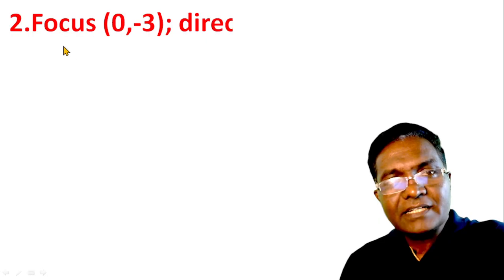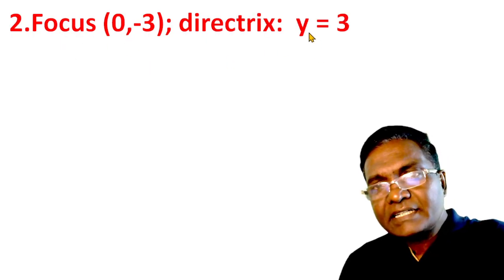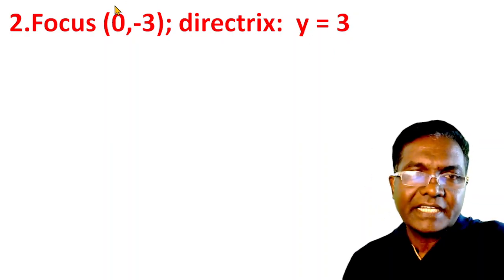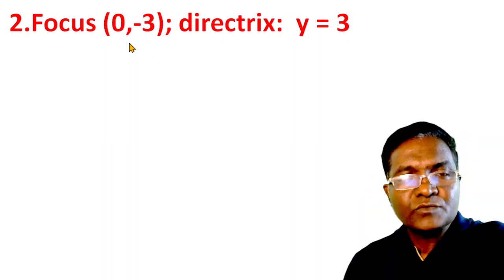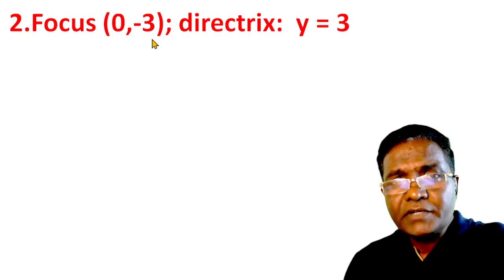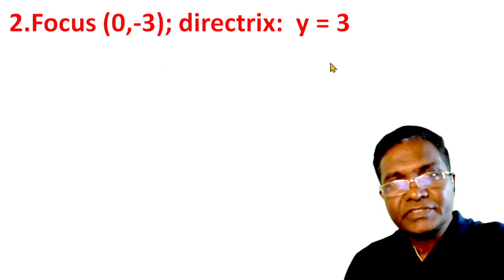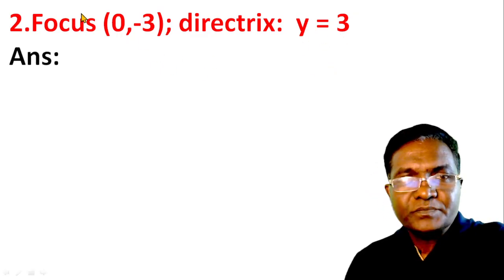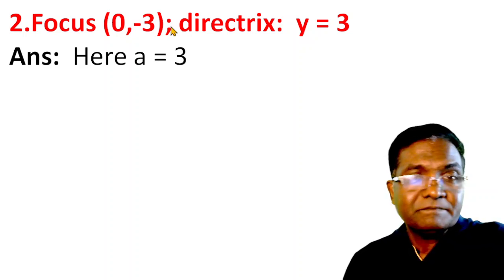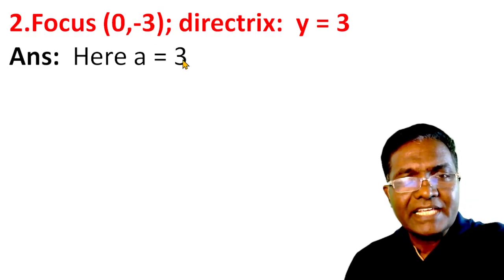Consider another example. You are given focus as (0, minus 3) and directrix as y equals 3. Look at the position. (0, minus 3) means it is on the negative y-axis. Compare this with (0, minus a). So a is 3 here.